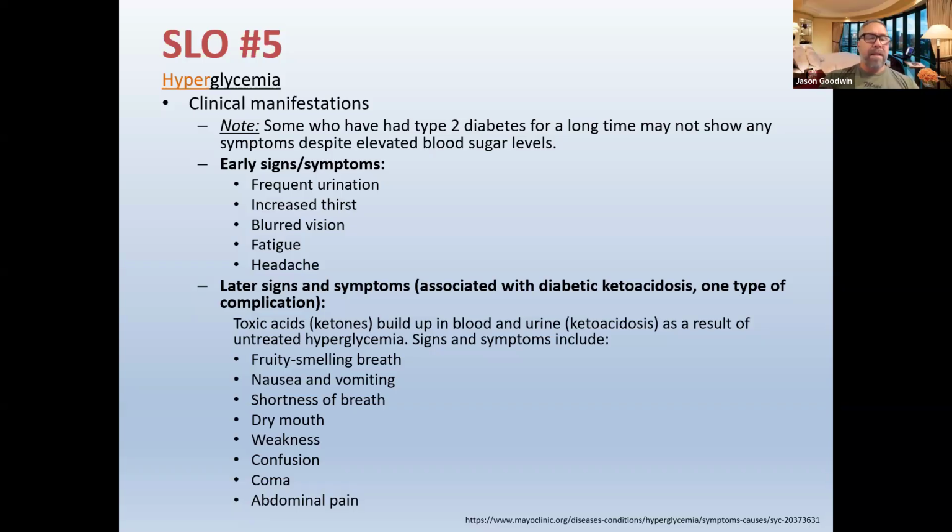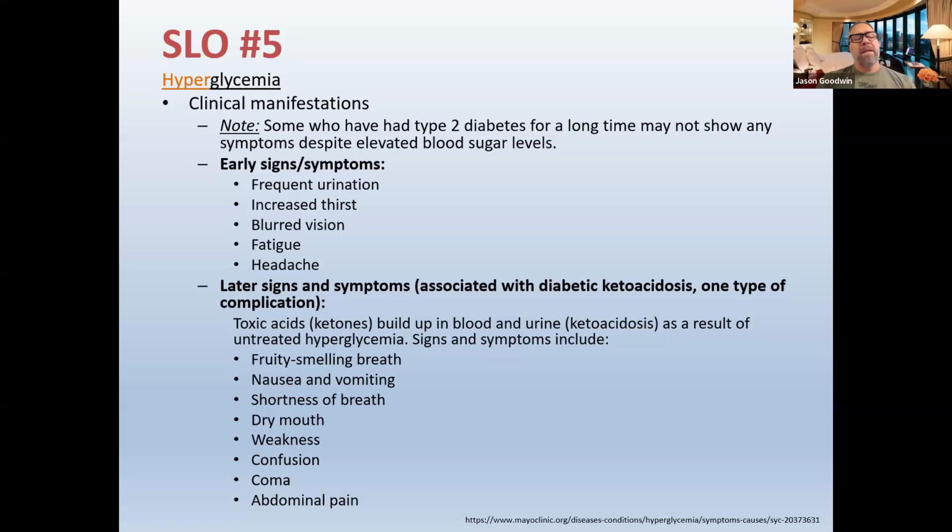Okay, let's talk about hyperglycemia. This is the high blood glucose. Sometimes diabetics that have had this for a long time may not show these symptoms anymore. So you have to be aware that some people will not experience these later, but some people will.